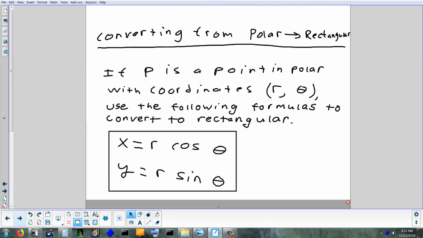Now, out of the three trig functions we use a lot, which one didn't I have to use at all? Tangent. Well, tangent's going to come in when we want to go back. So when we look at it tomorrow and we want to change rectangular to polar, you're going to see tangent come up. And what other formula didn't we use that you use a lot with triangles? Inverse.